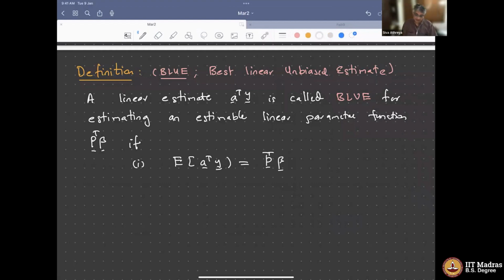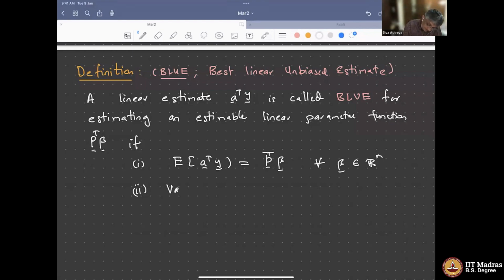This is true for all beta in R^n. Then the second thing is the variance should be the smallest among all possible unbiased estimators.